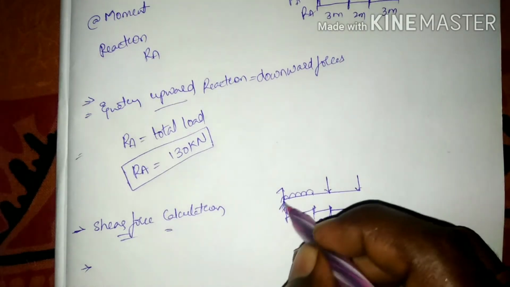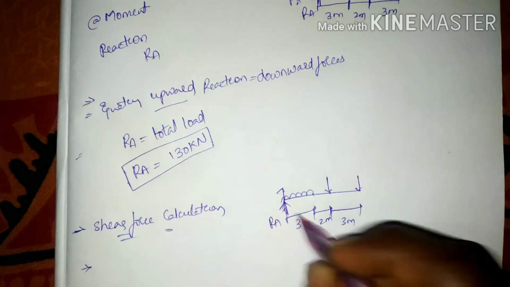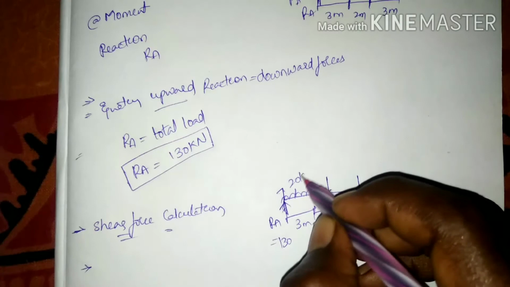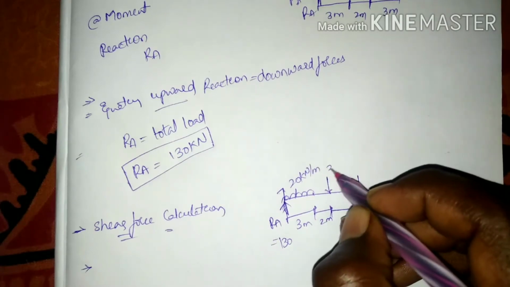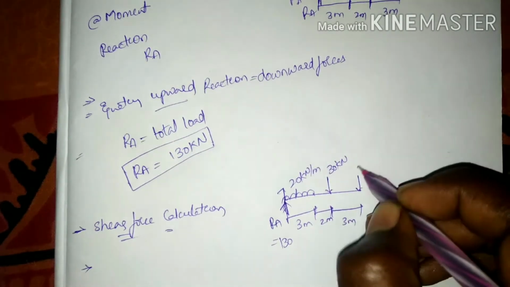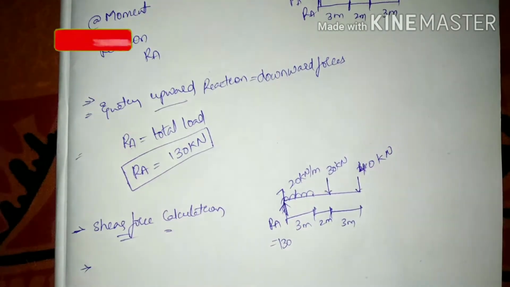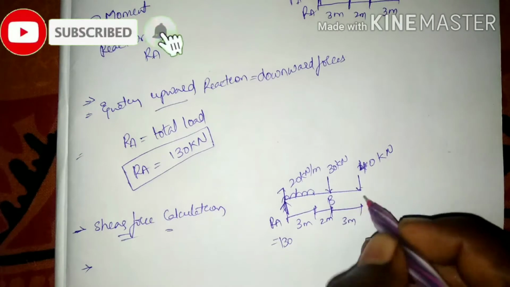This is our diagram. That is RA here. The value of RA is 130 and this is 20 kilonewton per meter, and this is 30 kilonewton and this is 40 kilonewtons. Here A, this is B and this is C.